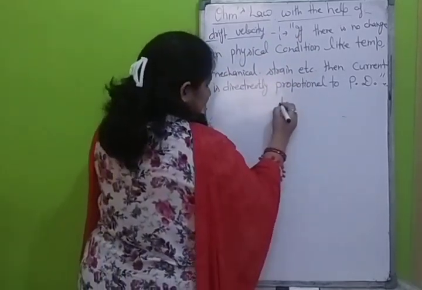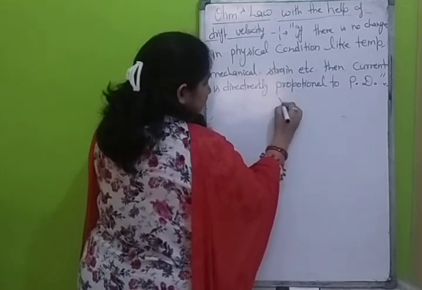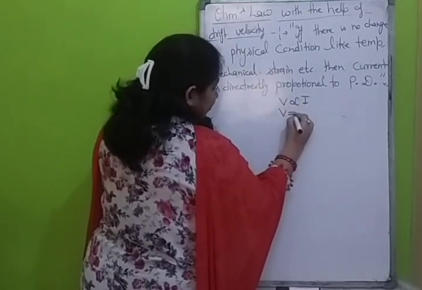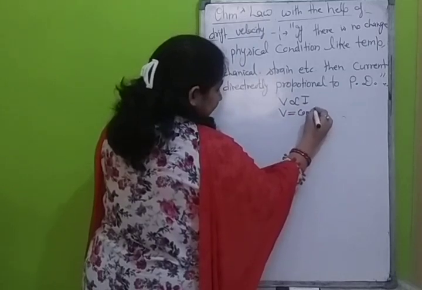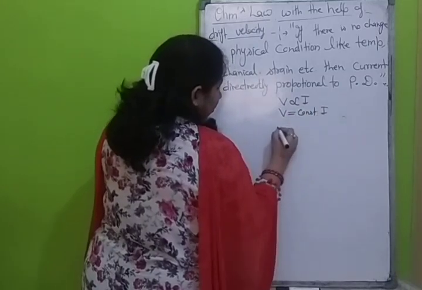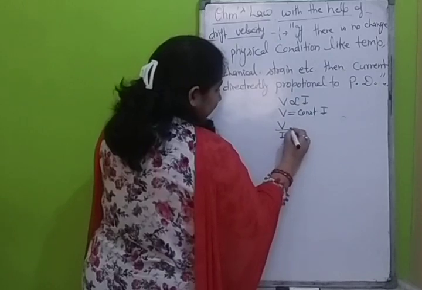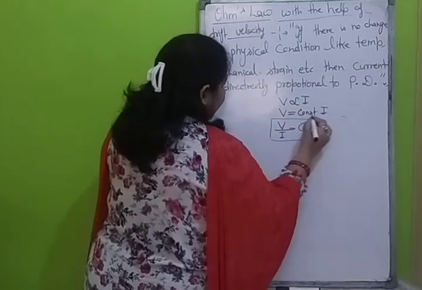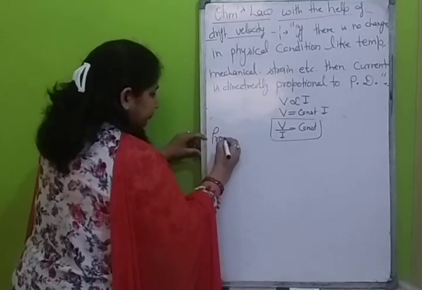What does it say? V is directly proportional to I, or we can say V is equal to a constant times I, or V upon I is equal to constant. Let's see the proof.